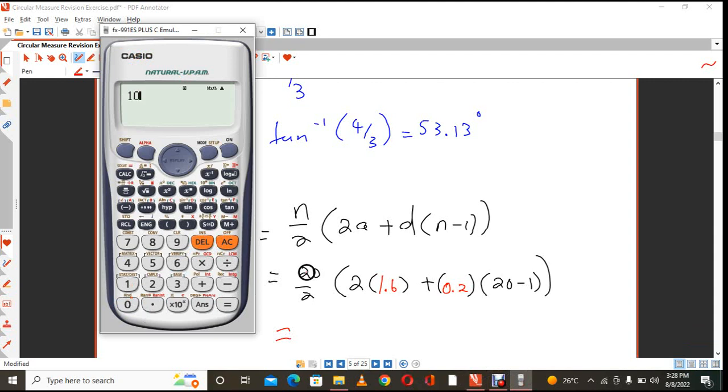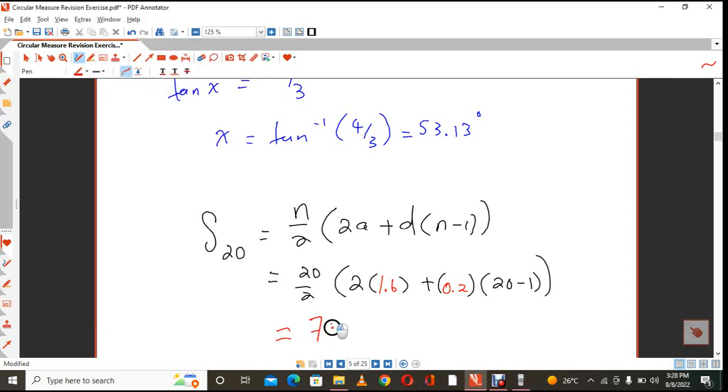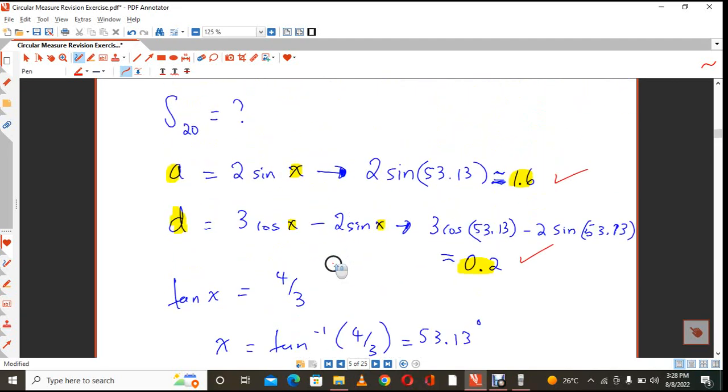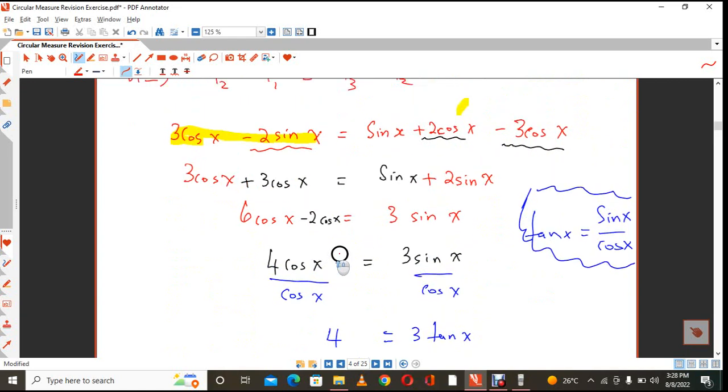That's half of 20 in brackets, 2 times 1.6, then you add, in brackets, 0.2 times 19. You should arrive at 70. Good. I hope you gave it enough thought and had a look through that question. There are quite interesting things in there that you need to remember.